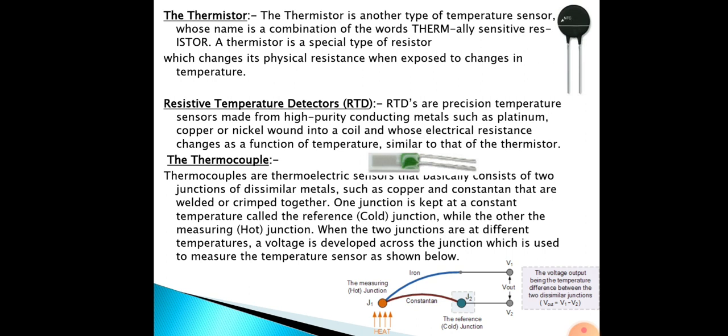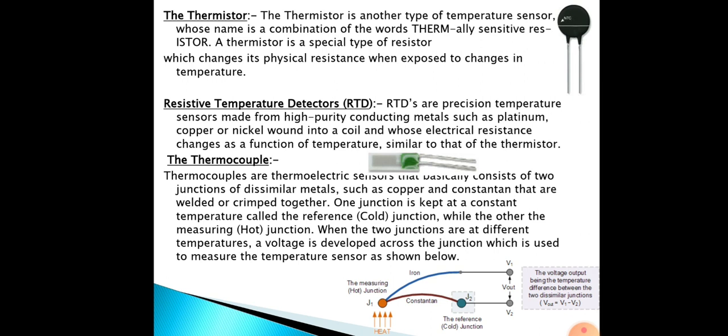Then the next one is the thermistor. A thermistor is another type of temperature sensor whose name in combination tells you it is a thermally sensitive resistor. A thermistor is a special type of resistor which changes its physical resistance when we expose it to temperature.